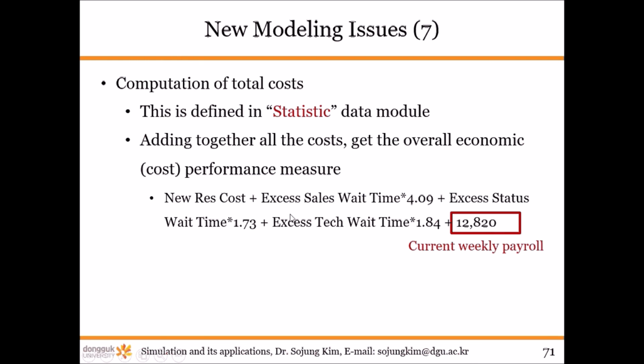This gives you the total excess sales wait time times each unit cost, and then excess status wait time multiplied by 1.73, plus excess tech wait time multiplied by 1.84. And then plus this fixed salary, the current weekly payroll.